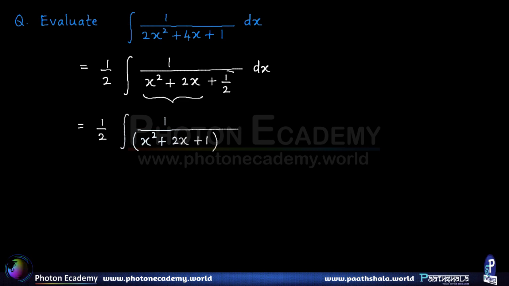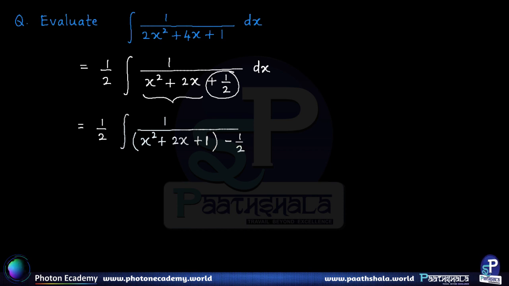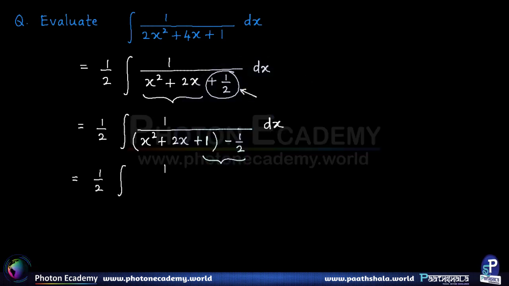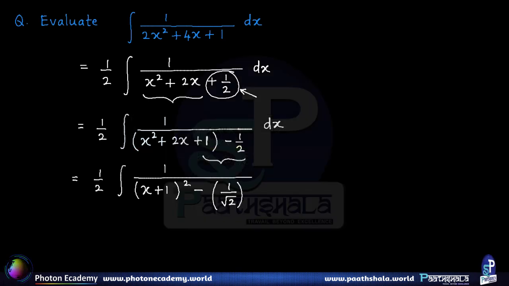And since we want to adjust 1 by 2 and we have already written 1, we must ultimately subtract 1 by 2, so that 1 minus 1 by 2 gives us the 1 by 2 as we had previously, right? So writing the denominator now in the square form, the first bracket, which is x square plus 2x plus 1, can be written as x plus 1 the whole square, minus 1 upon 2 can be written as 1 upon root 2 the whole square dx.